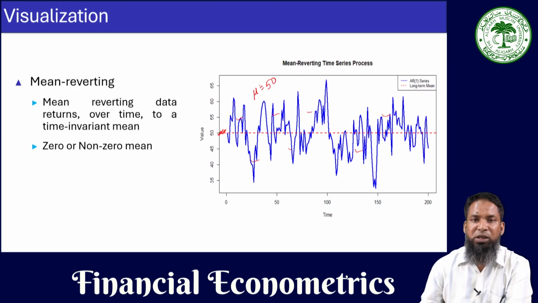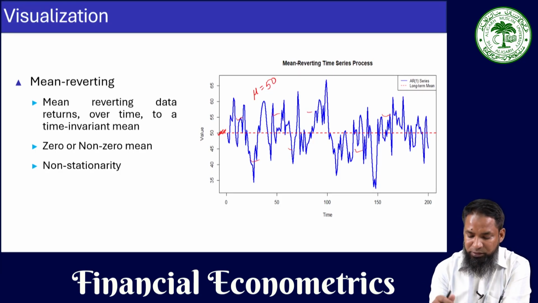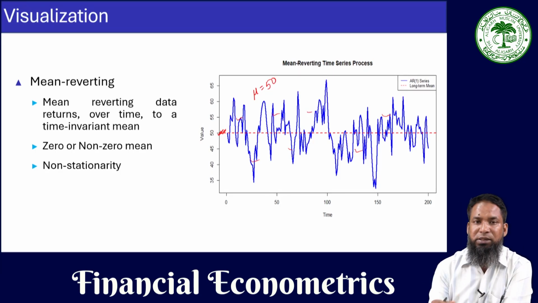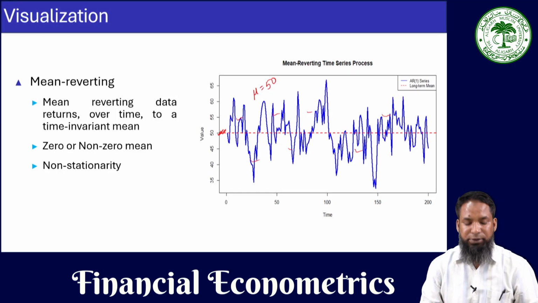That means this series exhibits mean reverting. Any series which has a graph like this is mean reverting. That is, in the long term, it has a static mean. The mean is not time dependent.